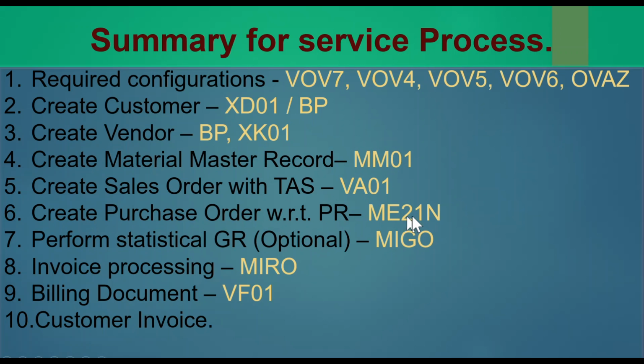If not, then we have to create the purchase order manually. Then MIGO is optional, you do it or you don't. If you don't, there is no issue because there will be no inventory update in the plant. Then invoice processing, then billing document and customer invoice. All this completes the summary for the third party or trading process.